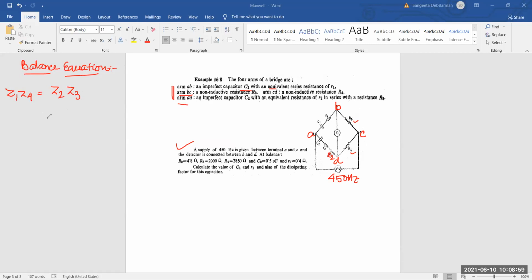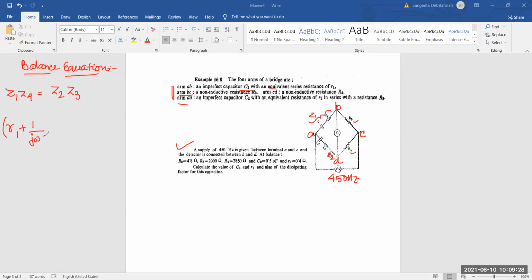So what can we write for Z1? Z1 means this impedance. Z1 has two components, C1 and R1. Clear? Look into the diagram. So what can I write for Z1? Small r1 plus 1 by j omega C1.